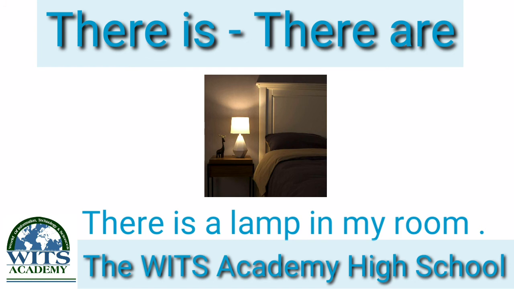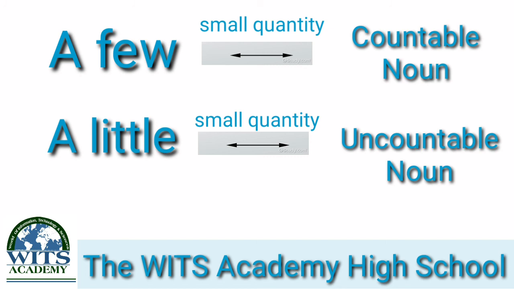Okay, students? The summary of today's lecture is: a few is used to describe a small quantity of a countable noun and a little is used to describe a small quantity of uncountable nouns.